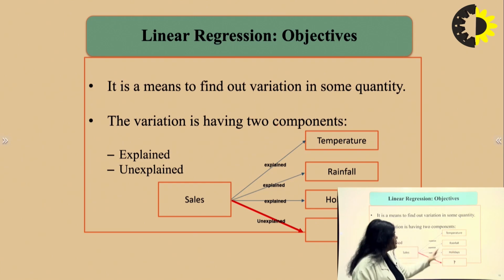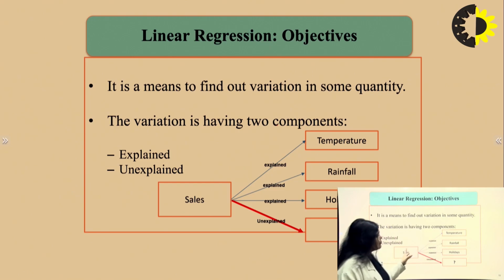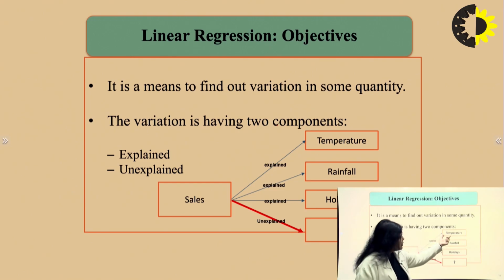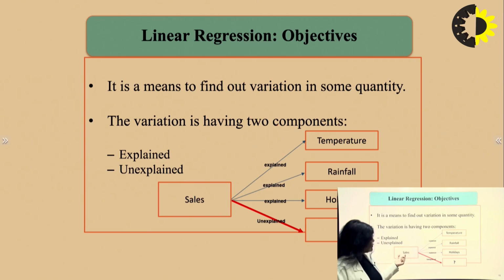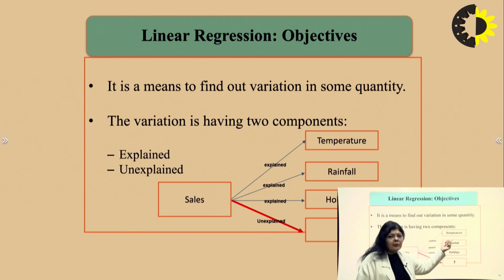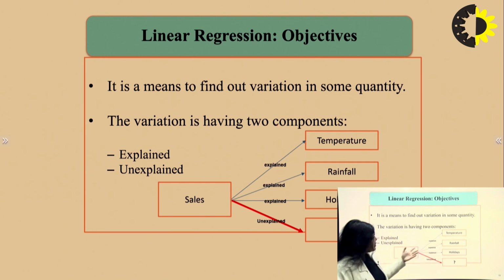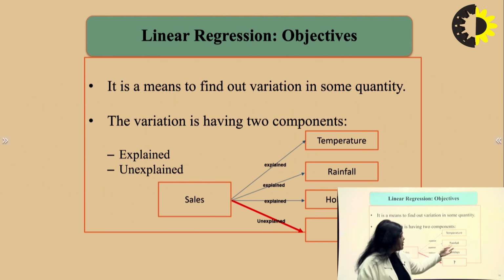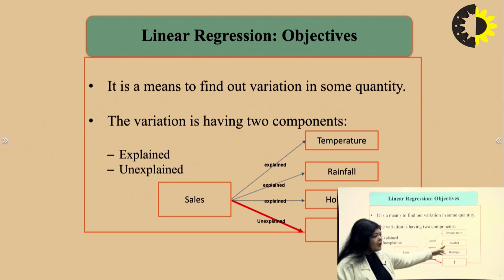For example, my linear regression equation could be to decide the value of sales based on the temperature of a particular area or city. It could also be that I want to determine the sales value from the rainfall that a particular region or city or place is receiving over some time.